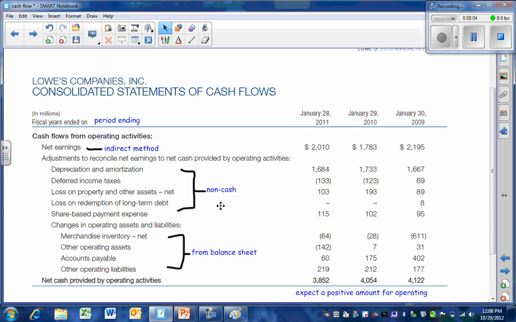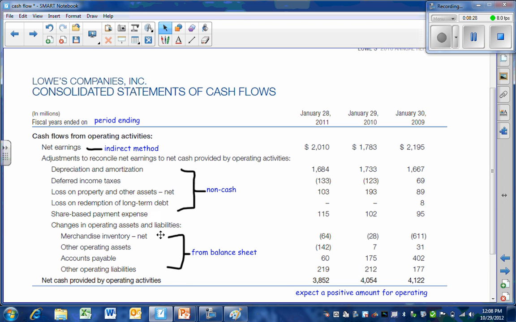These are items that are more advanced and we're going to talk about in ACC 411. For right now, just realize that there are certain non-cash items that are reported on the income statement that affect net income that have to be adjusted out in the statement of cash flows.